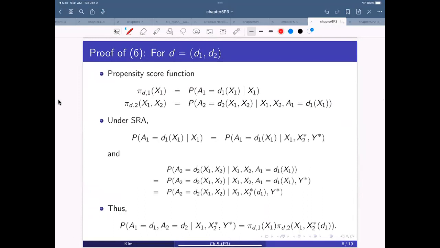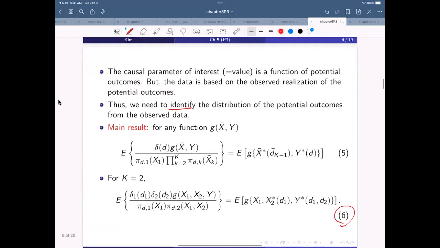G can be any function. For example, G can be Y, which will basically compute the value. But the result can actually be any parameter.